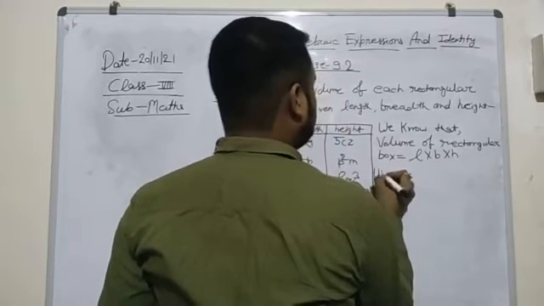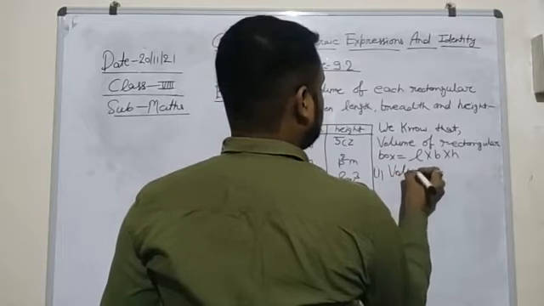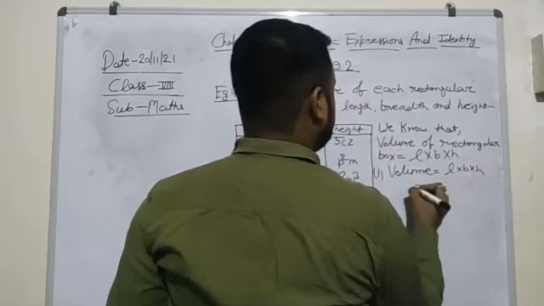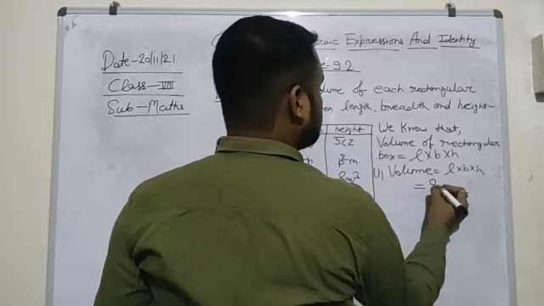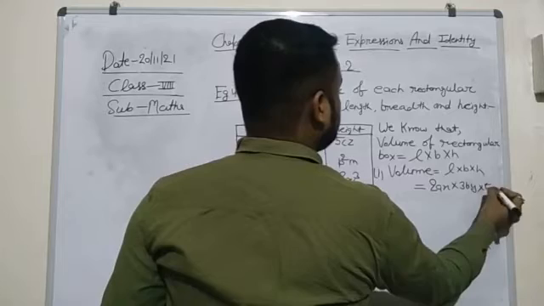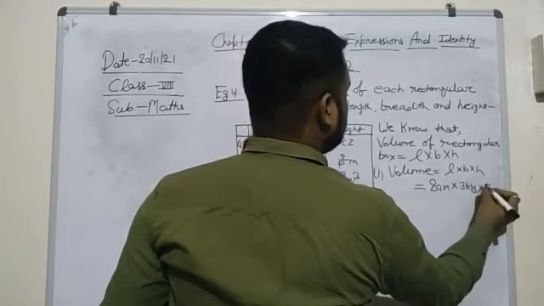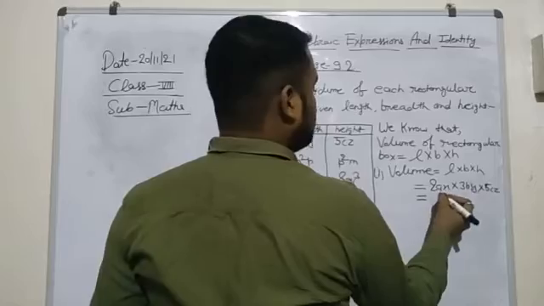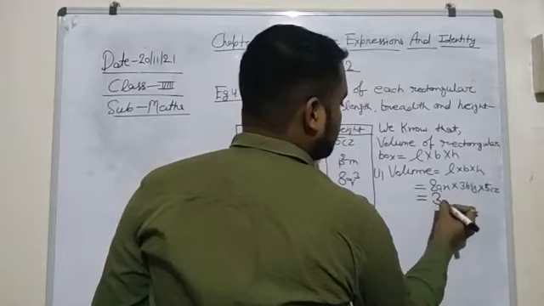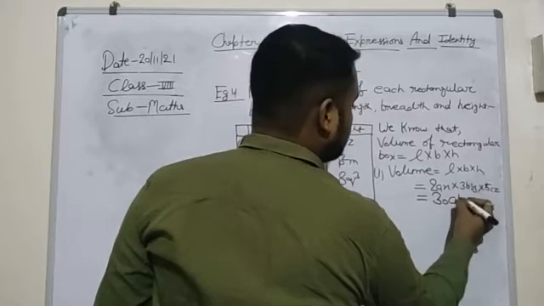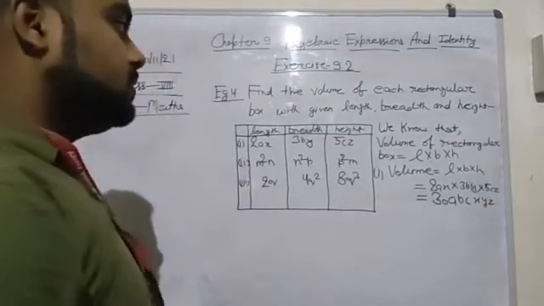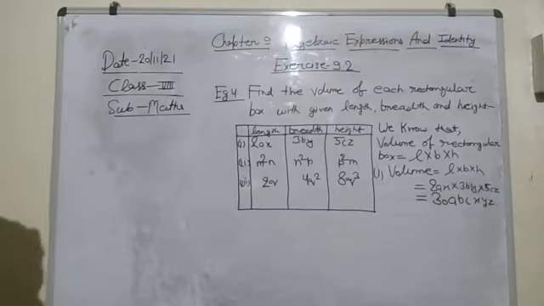So for the first data, the length is 2ax, breadth is 3by and height is 5cz. 3 2s are 6, 6 5s are 30. 30abc and xyz. So here is the first question. Note it down.